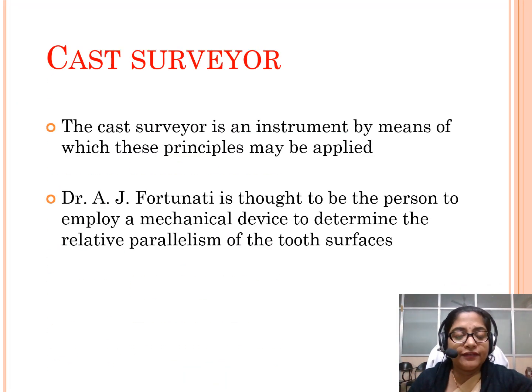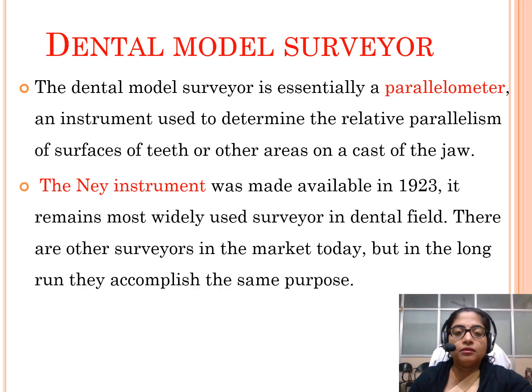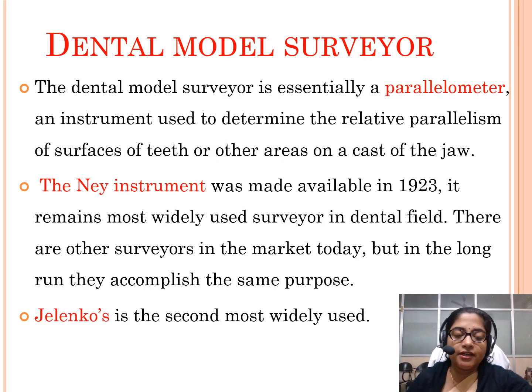So the cast surveyor is basically an instrument by means of which these principles of parallelism may be applied. And as we said earlier, Dr. A.J. Fortunati is thought to be the person who employed this mechanical device to determine the relative parallelism of the tooth surfaces. A dental model surveyor is essentially a parallelometer.